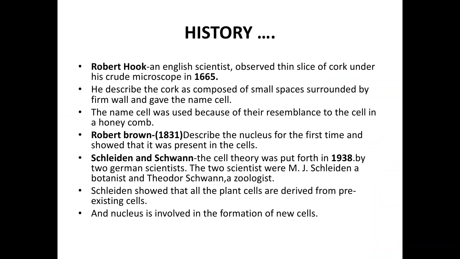He described the cork as composed of small spaces surrounded by firm walls and gave the name cell. The name cell was used because of their resemblance to the cells in a honeycomb.